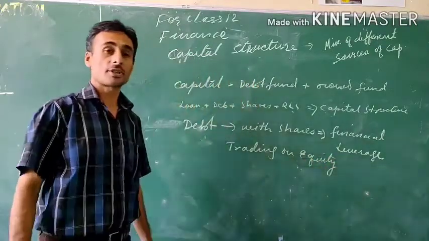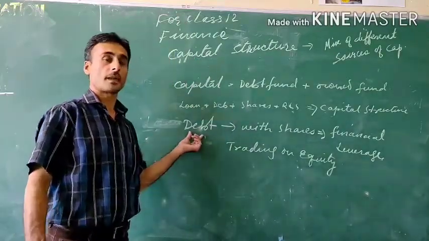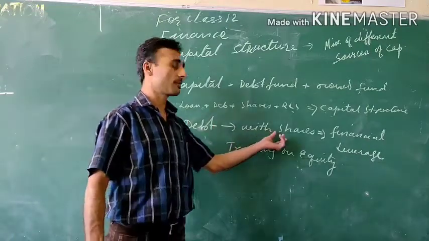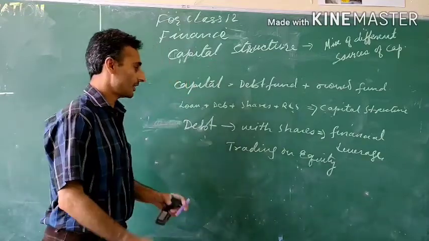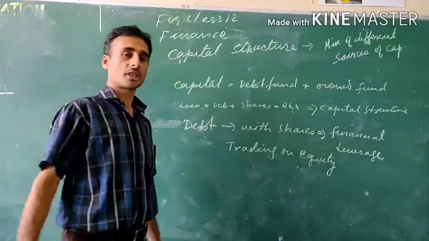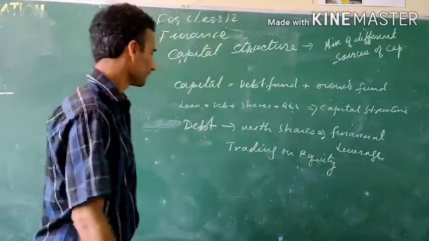It is also known as trading on equity because this debt is used in the capital structure of a company on the basis of the shares. That is why it is called trading on equity. And trading on equity is done with some objective. And what is that objective? Maximizing the wealth of the shareholders.